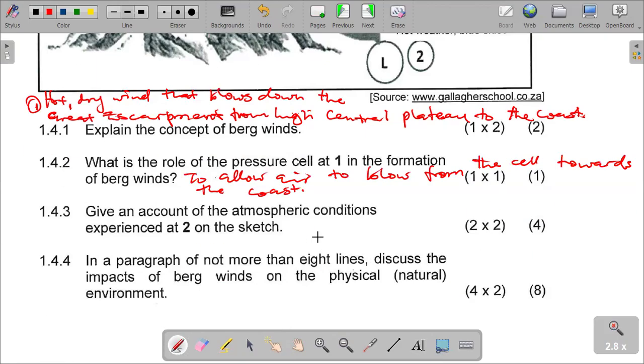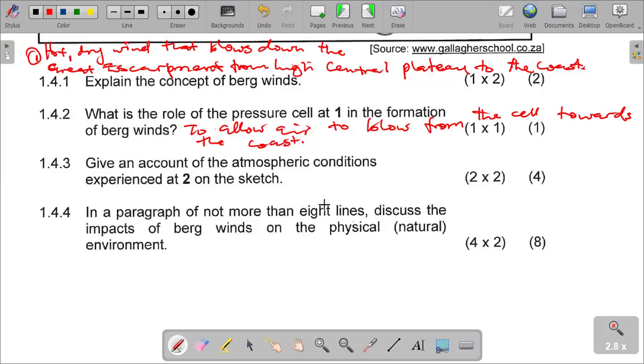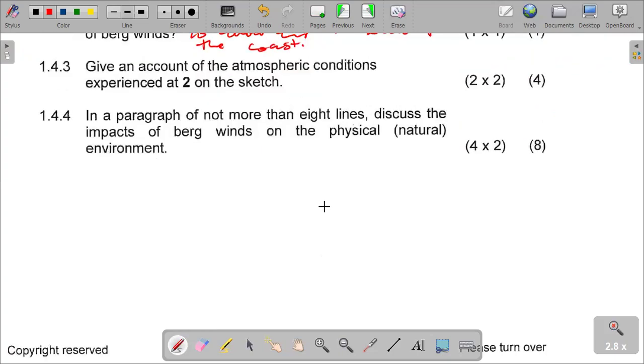Question 1.4.3. Give an account of the conditions that are taking place at 2. So we are saying the hot weather. Can you understand what causes that?